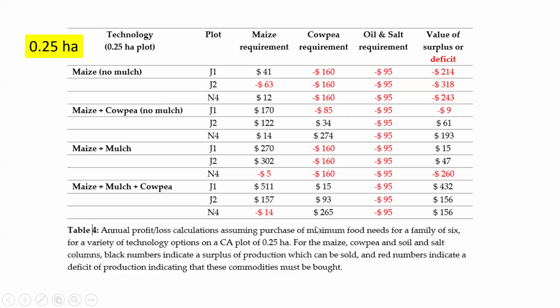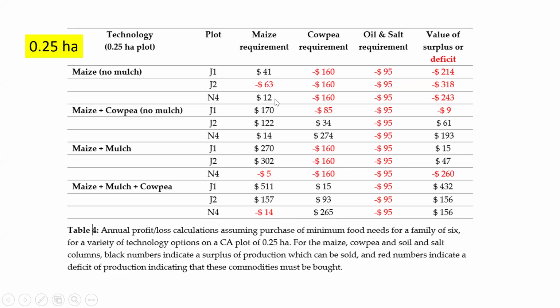But what I want to share today is what Mike did: he took the actual yields from this on-farm research and calculated the profit loss calculations, assuming the minimum food needs for a family of 6.